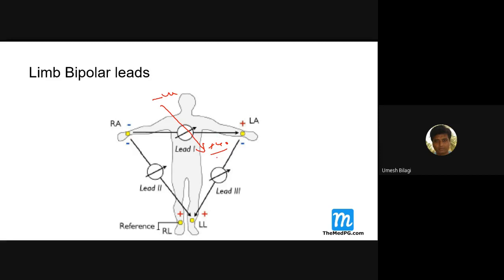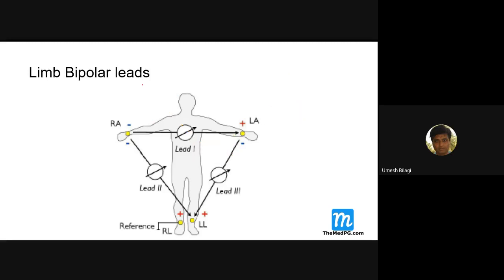Keeping this in account, the limb leads have been designed. The positivity of the heart is on the left and lower part. You can see the positivity of the heart is here, towards the left and towards down. You should keep this in mind.